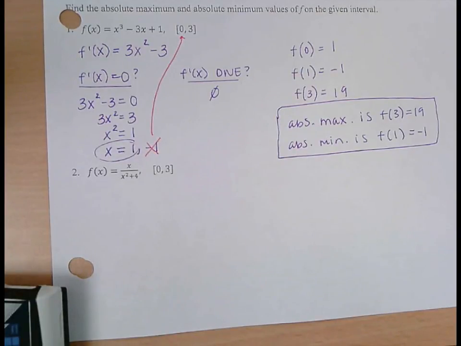And I know this is how I usually write it. Make sure you understand that the y value is the actual maximum and the x value is just where that is occurring. Okay, so I would like you to do number 2 for that function f of x on the interval from 0 to 3. Find the absolute max and absolute minimum.